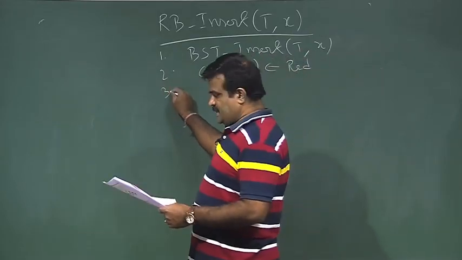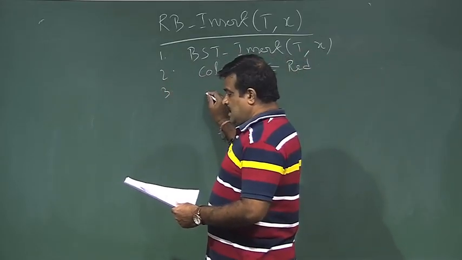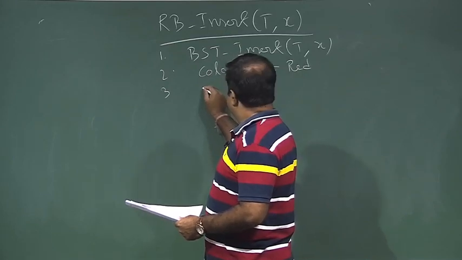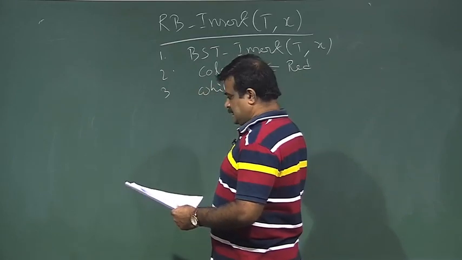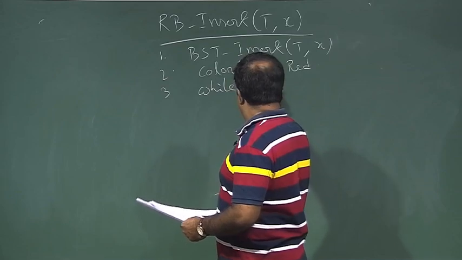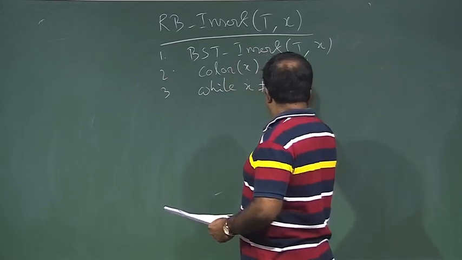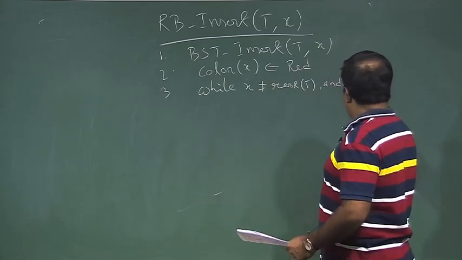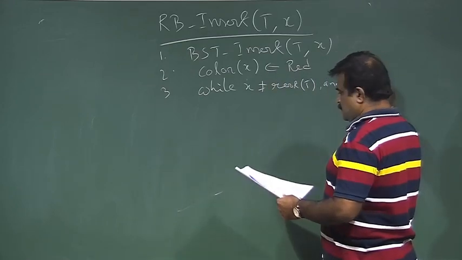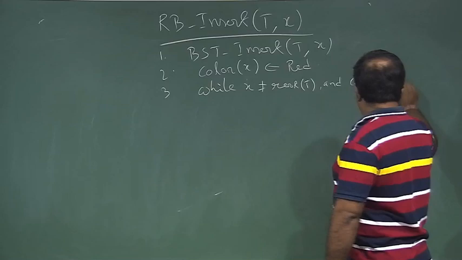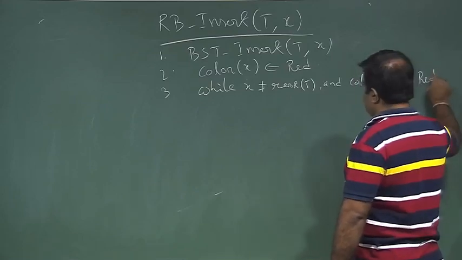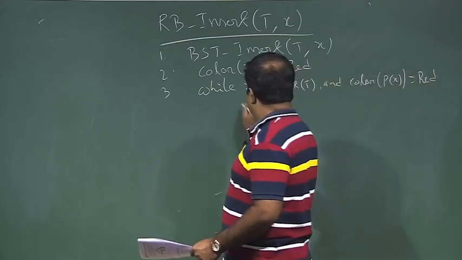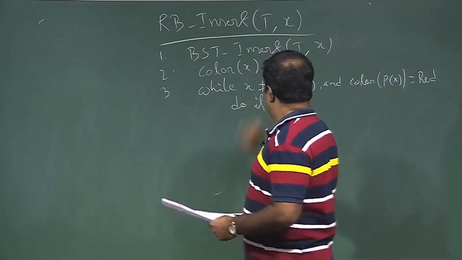So, while x is not the root, if it is not the only node and the color of the parent of x is red, then we have a problem. Then we have to perform this.